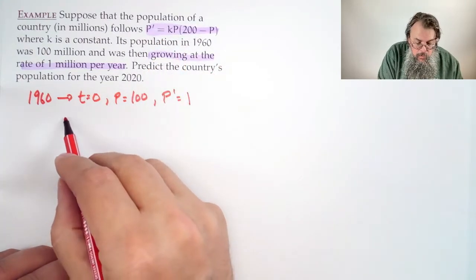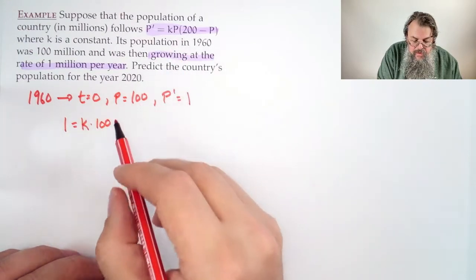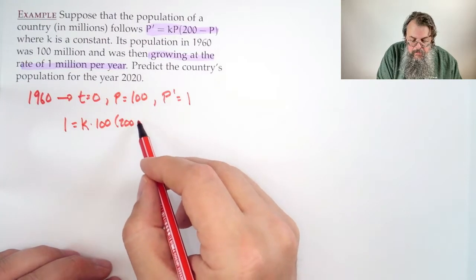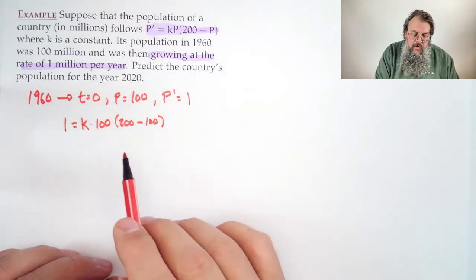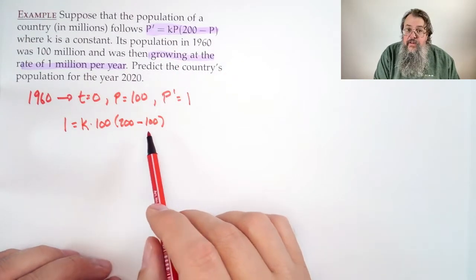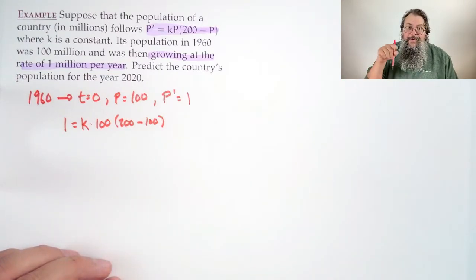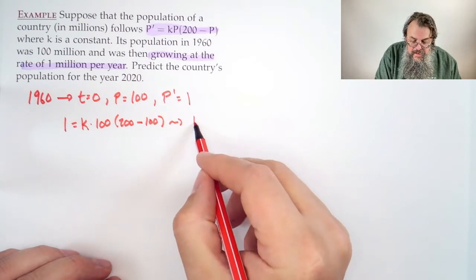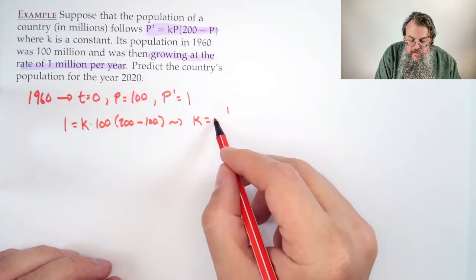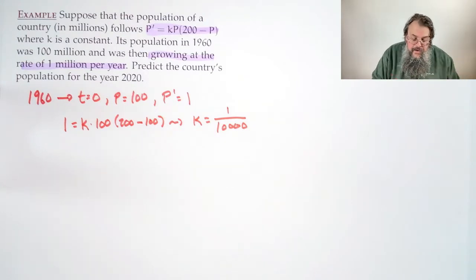We get that 1 is equal to k times 100, which is p, times 200 minus p. Well, 200 minus 100 is another 100. So 100 times 100, that's 10,000, 1 with 4 zeros after it. And that lets us solve for k: 1 over 10,000. All right, great. Well, now what?